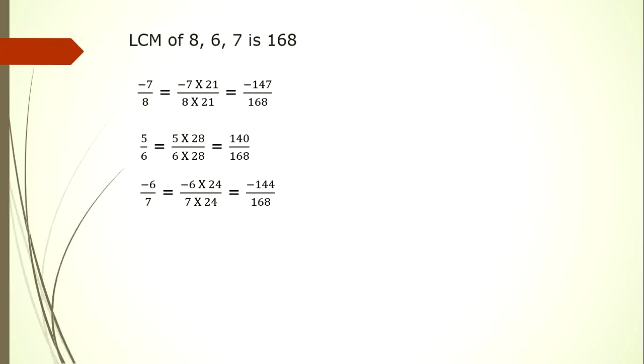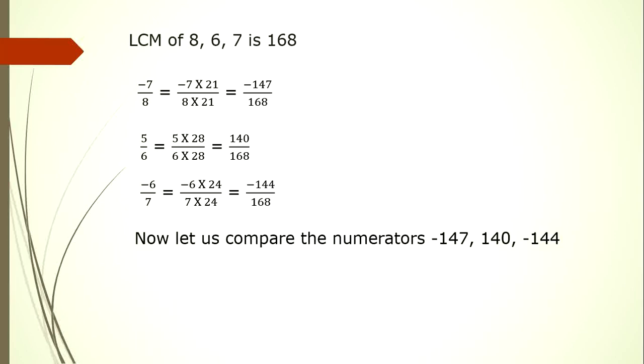Minus 6 by 7 is equals to minus 6 into 24 by 7 into 24 is equals to minus 144 by 168. Children, can you say what are these fractions? Yes, these are of course the equivalent fractions. So we are just writing the equivalent fractions of those with denominator 168.